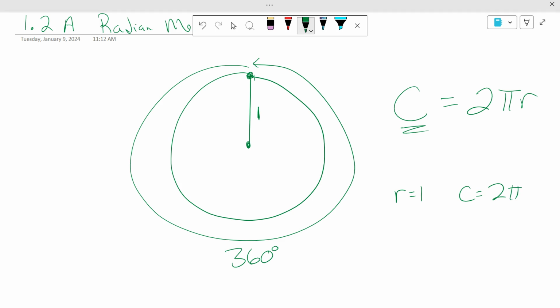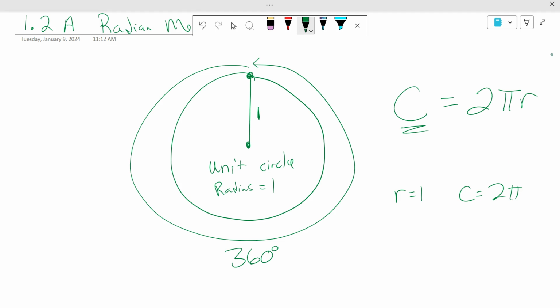So when the radius equals 1, it's called the unit circle. The unit circle has a radius equal to 1. Okay, so we use the unit circle in trigonometry to figure out angles.